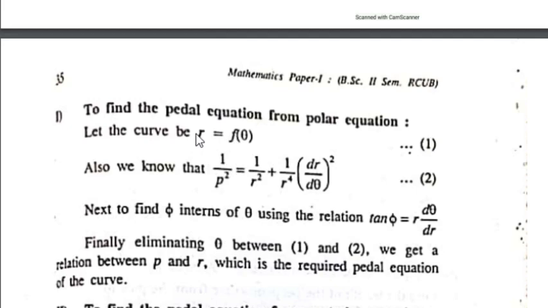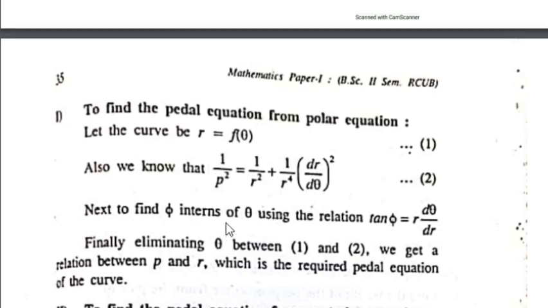Okay, so first take the given equation R is equal to f of theta, the given curve. Then write the pedal equation in this form: 1 by P square is equal to 1 by R square plus 1 by R raised to 4 dr by d theta whole square. Call this equation 1 and call this equation 2.